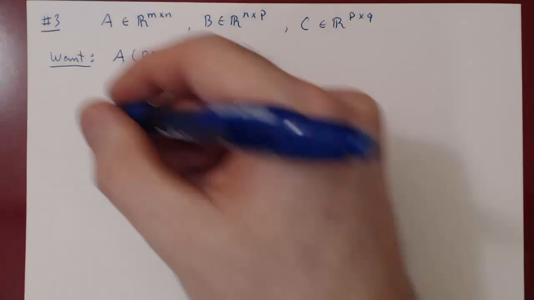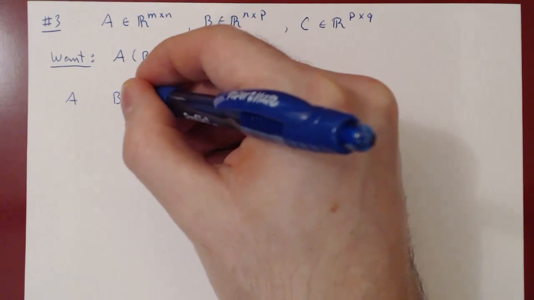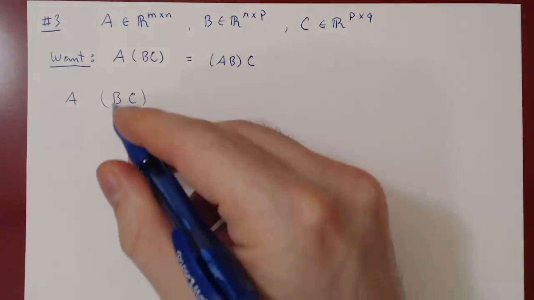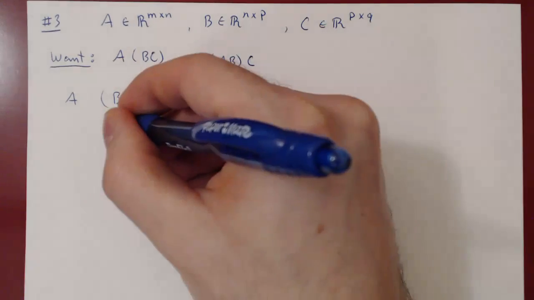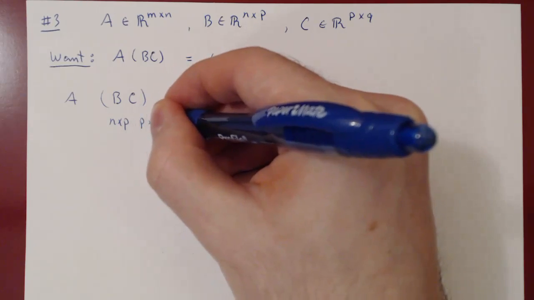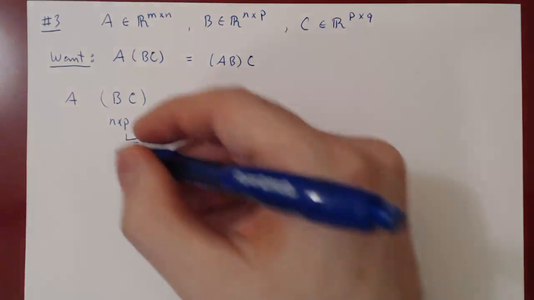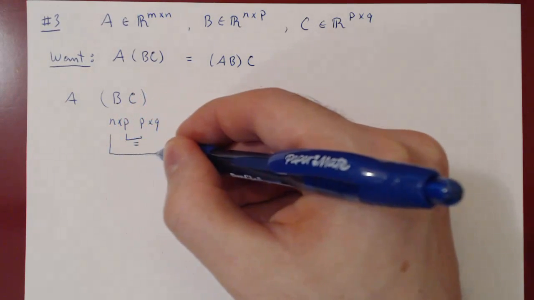Let's prove the same size first. So we have the matrix A times BC. Matrix B is an N by P. Matrix C is a P by Q. So the product is defined as P equals P, and the result of BC is an N by Q matrix.